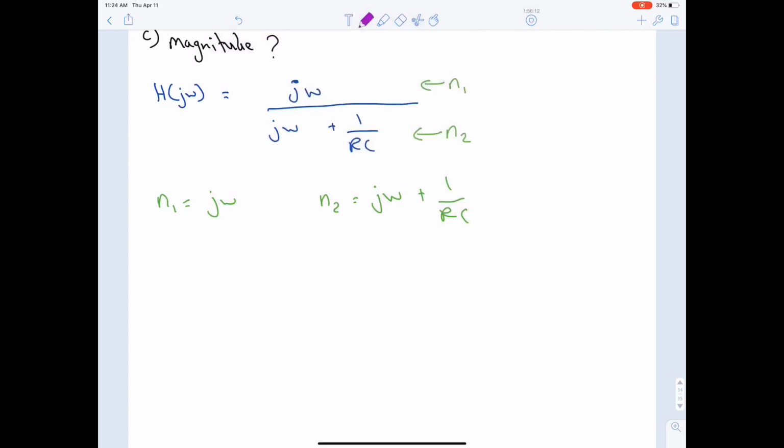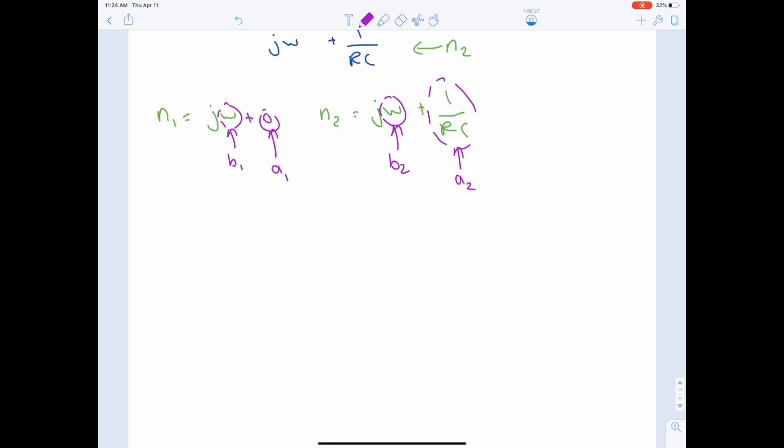Okay, this is b1 and a1 is 0 actually. This is again b2, this is a2. Okay, now we need to find c1 and c2. c1 is the square root of a1 squared plus b1 squared, square root of 0 squared plus omega squared.